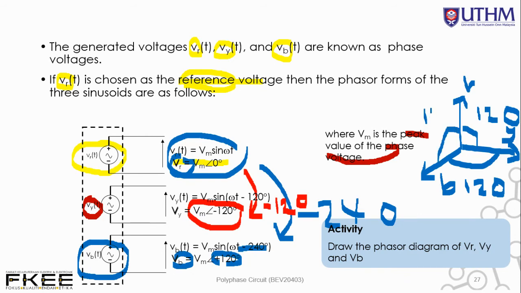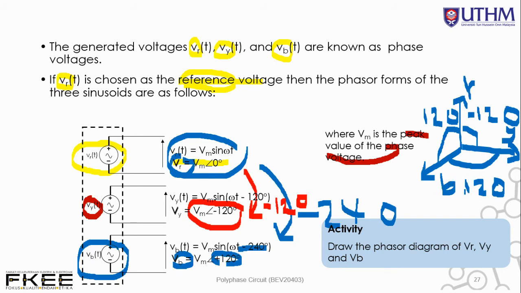Similarly, this is 120-degree apart. All right, so this is R. So Y is 120-degree away from R. Okay, or we can simply say this is negative. And then B also the same.